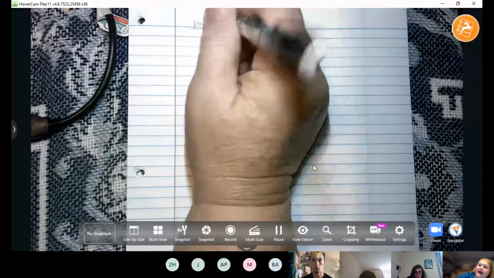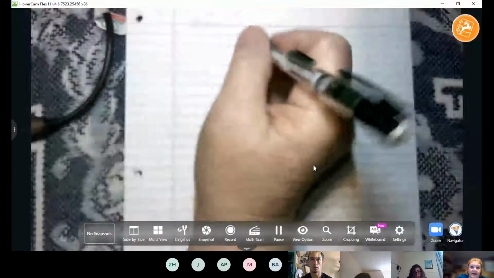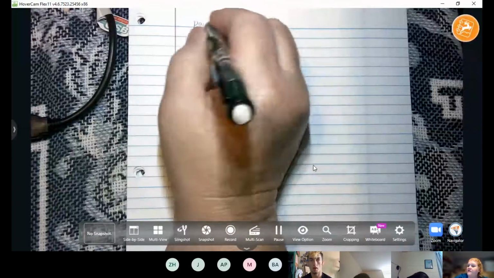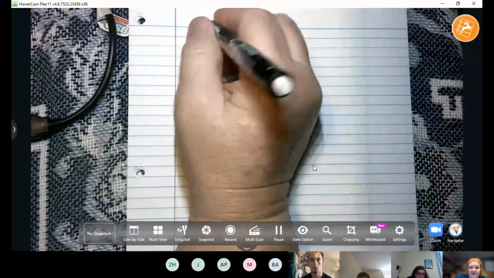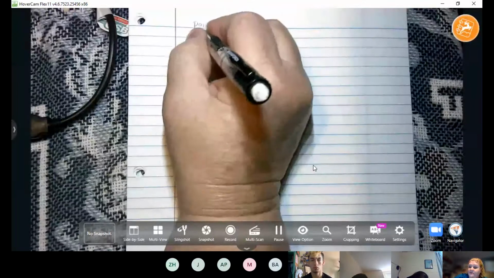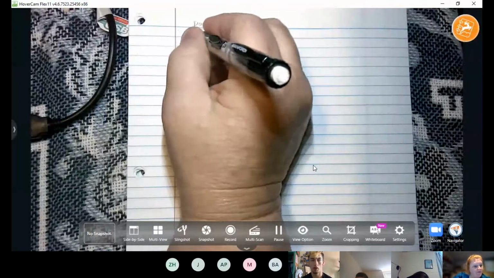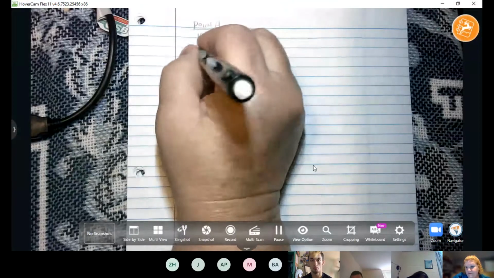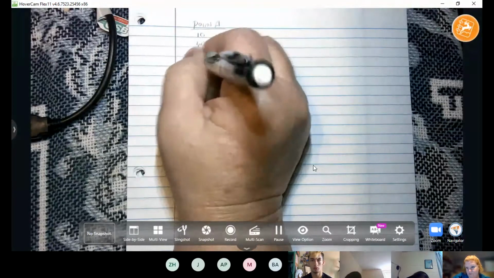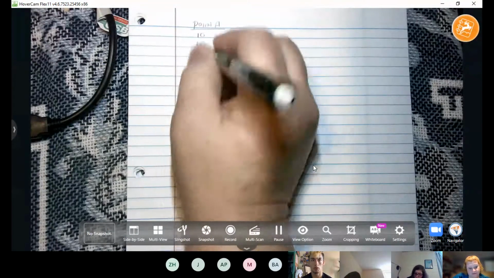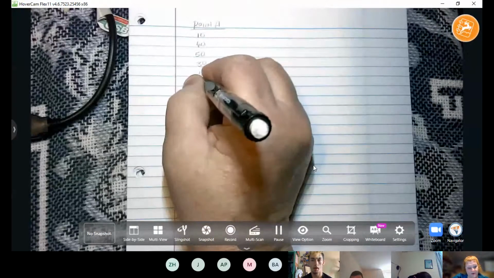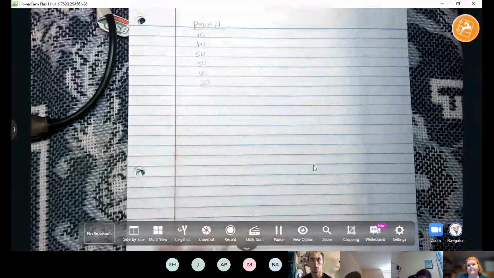So we have a brand of paint. And we've looked at how long it lasts before it starts fading on the exterior of a house. So this is the number of months before it fades. So we have 10 months, we have 60 months, we have 50 months, we have 30 months, we have 40 months, and we have 20 months.